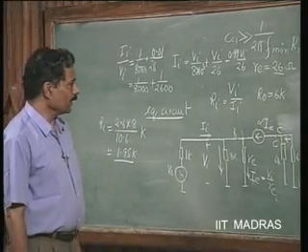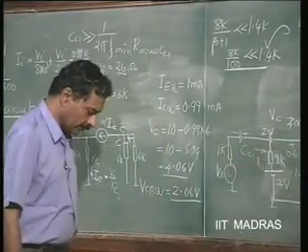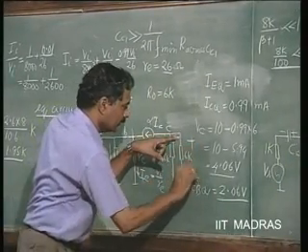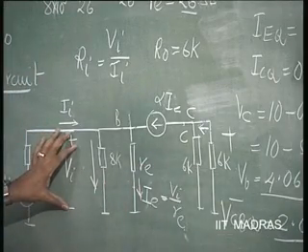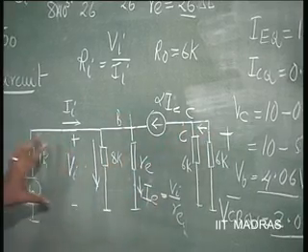Now, the voltage gain is nothing but V naught, which is this voltage, divided by V I. This is one voltage gain. What we are asked is V naught by V s.